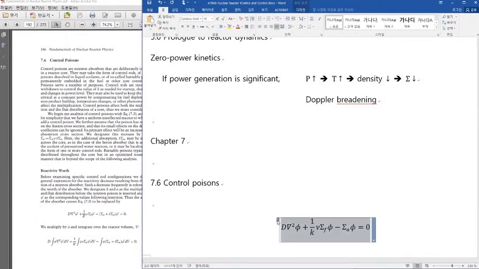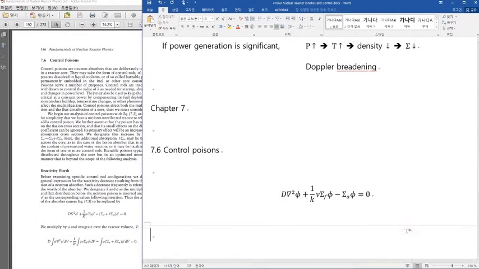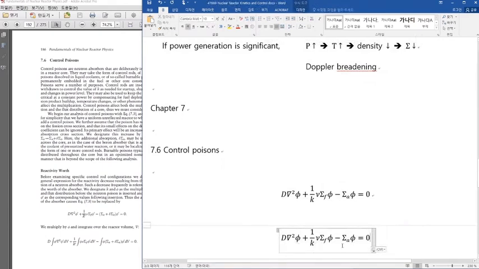And after inserting negative reactivity, or after inserting the neutron poison, the first thing you should recognize is that we are going to assume that the diffusion coefficient will not be significantly affected by the insertion of control poisons.